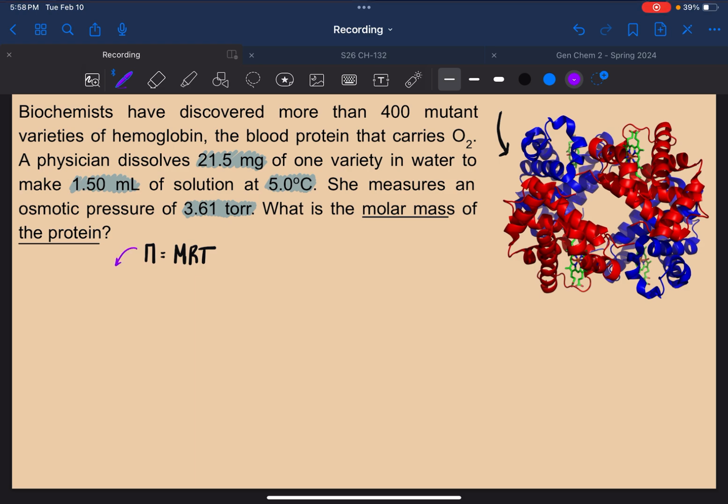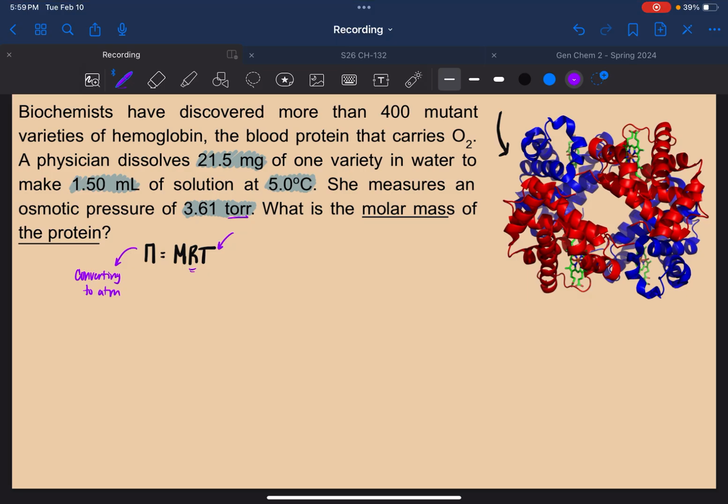So she gives us our measurements in torr. I'm going to end up converting to atmospheres because I want my units for the universal gas constant to match up. I could use one that uses torr, but this is going to be just a lot quicker. You get to use a more familiar format of R.